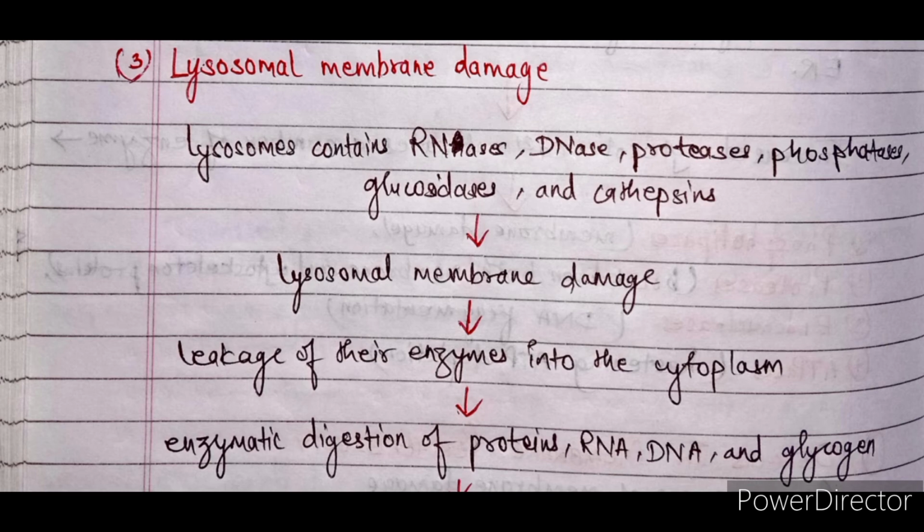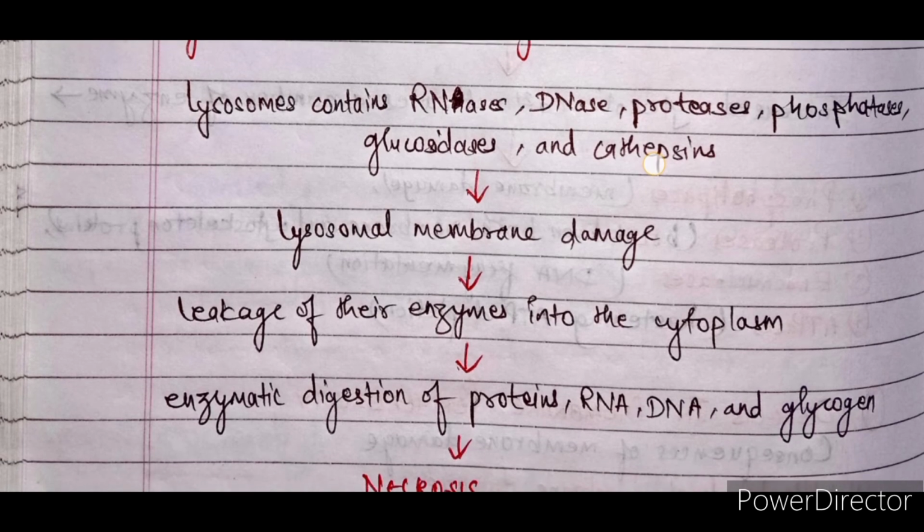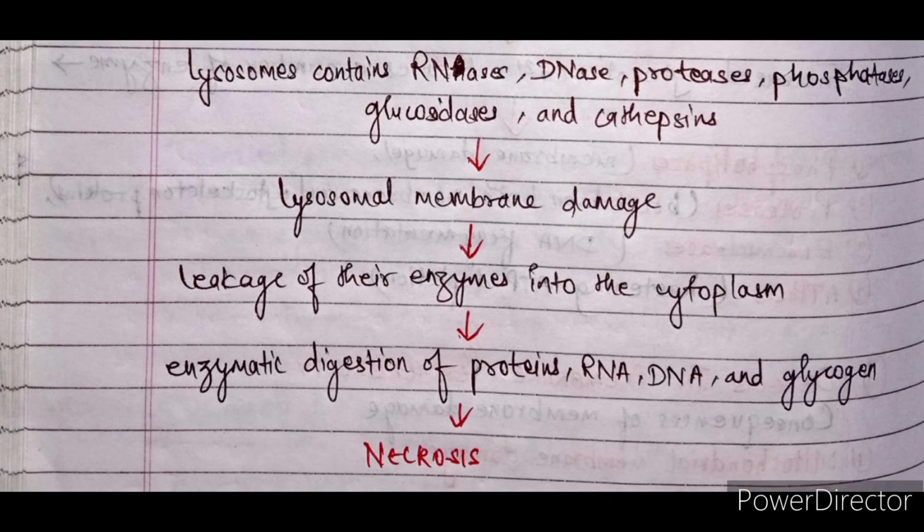If there is damage in the lysosomal membrane, then there will be formation of holes, and through those holes there will be leakage of their enzymes into the cytoplasm, due to which there will be enzymatic digestion of proteins, RNA, DNA and glycogen, and ultimately the cell will go through necrosis. So this was all about the 4th mechanism in cell injury, that is defects in membrane permeability.